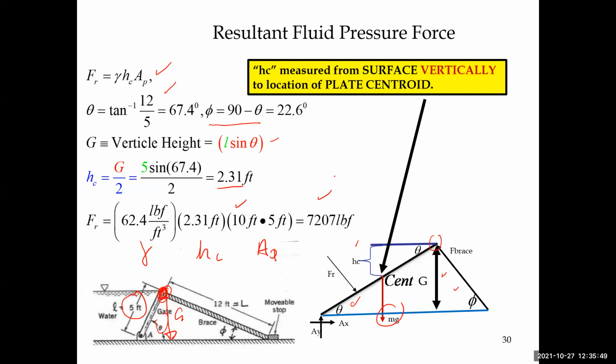But we need to understand our geometry, understand the definition of H of C, and be able to apply some baby math, trig, and algebra to determine the correct values of those parameters used in my engineering expression for my resultant force. So you see here, this is foot cubed, and the foot cubed cancel out here, here, and here. So we end up with pounds force as our unit, of course.